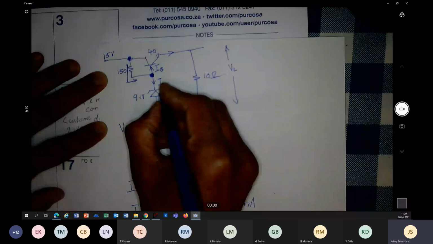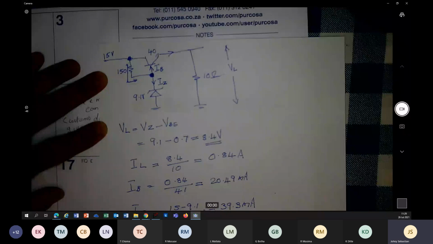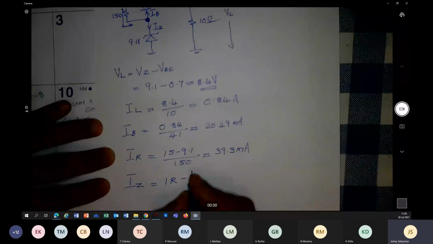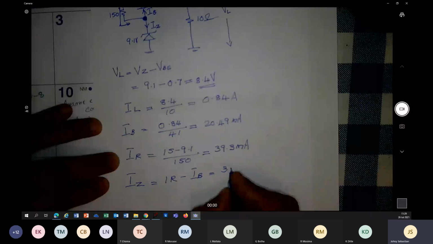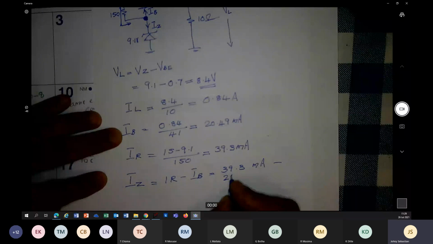So we can work out IZ. IZ equals IR minus IB, 39.3 milliampere minus 20.49 milliampere.